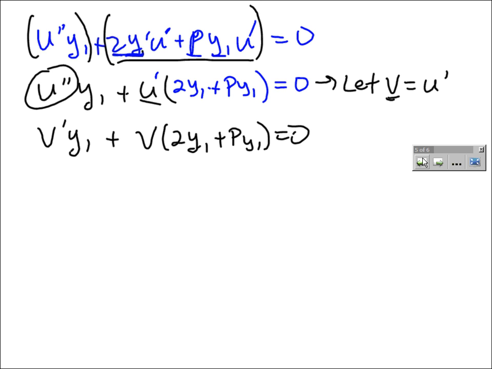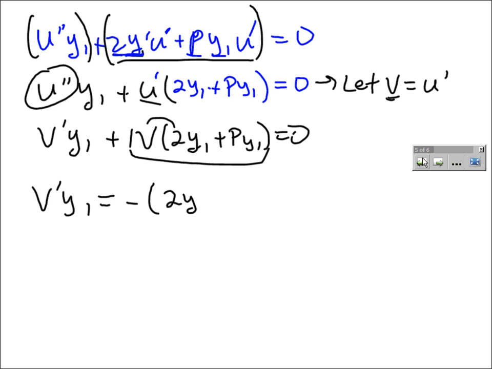Now this is separable. I'm going to bring this piece to the other side. v prime y1 is negative, and I'm not going to distribute the 2y1 prime plus py1, I'll just write the v at the end.